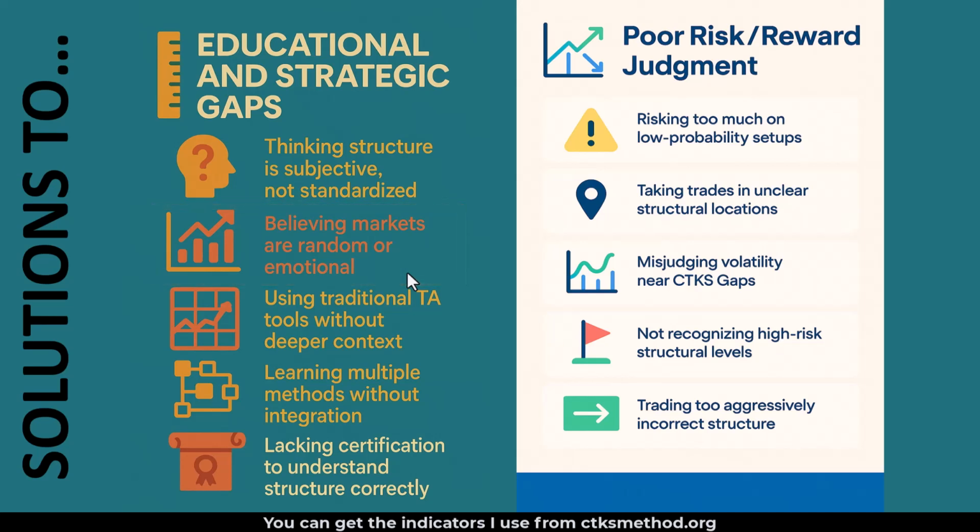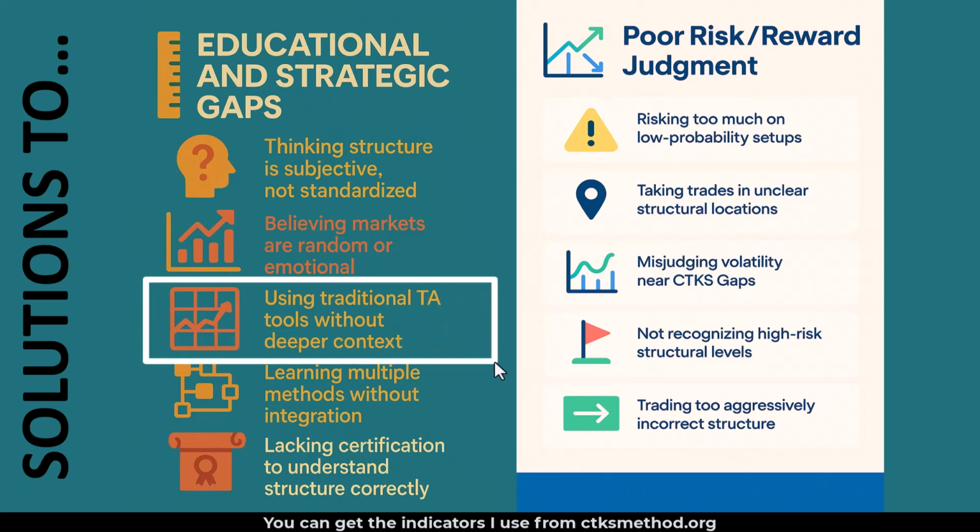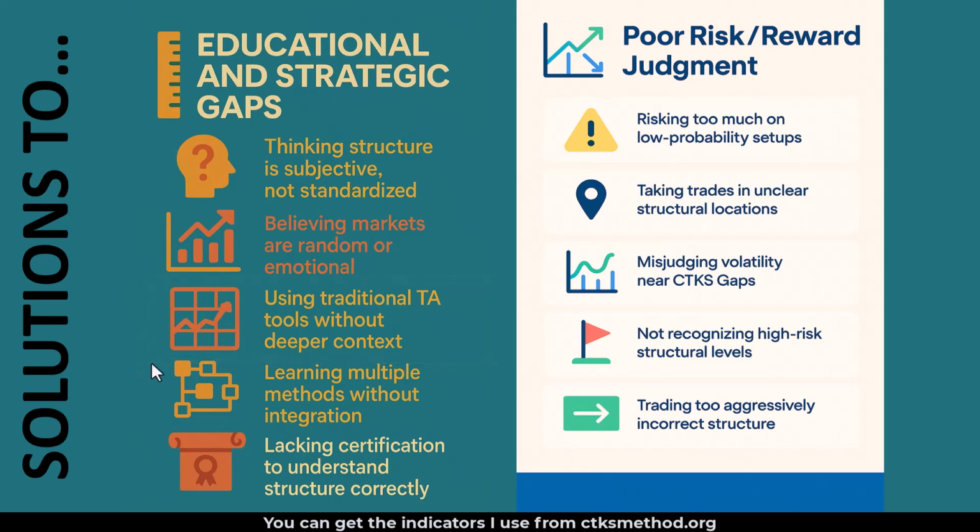Many people use traditional TA tools or technical analysis tools without a deeper understanding or context. They can learn a lot of different methods without integration. One of the key things is just to understand how structure works. When it comes to risk-reward judgment, risking too much on low probability setups.